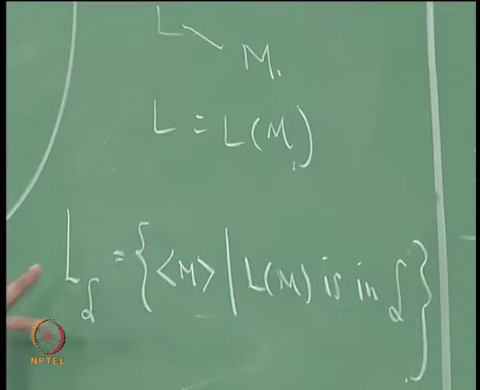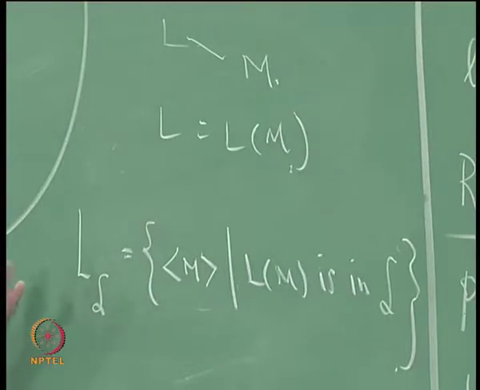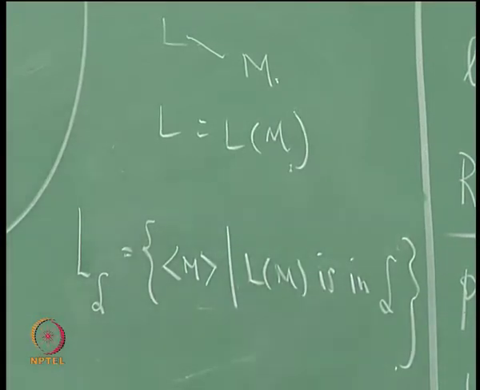Now, Rice's theorem says that L of S is not recursive, isn't it? There is another theorem which says under what conditions it will be recursively enumerable.